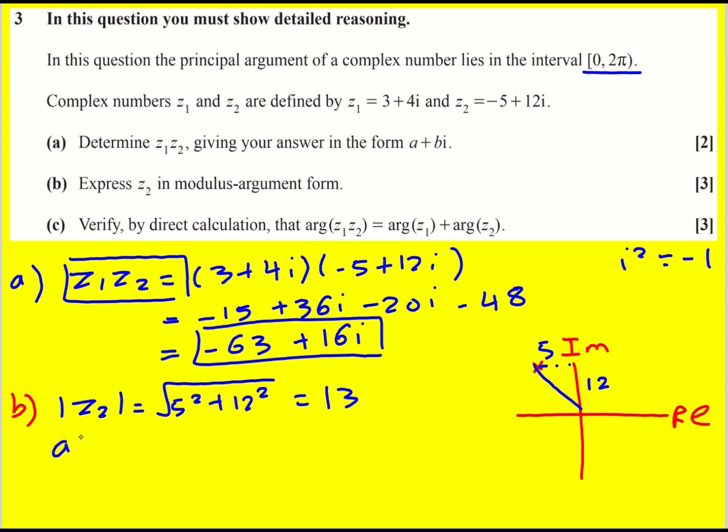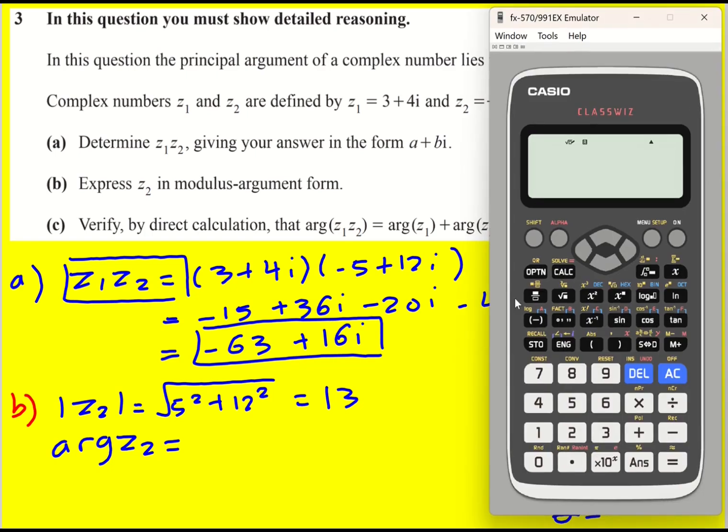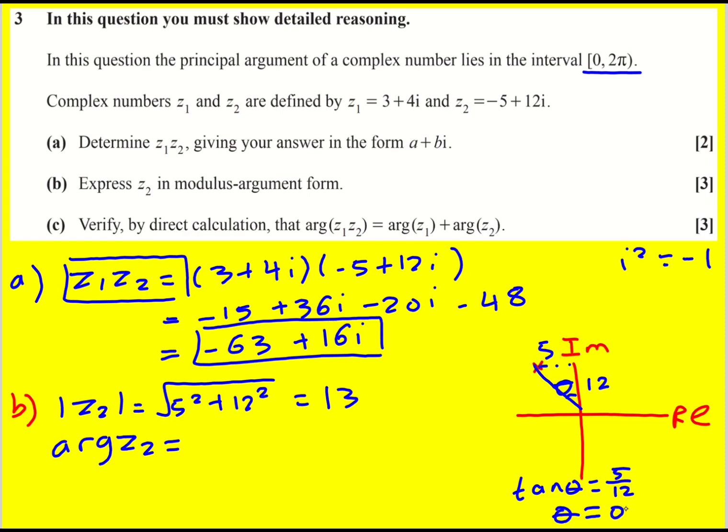Now we want the argument. For this, I tend to find the acute angle inside the triangle and then add on as needed. So tan theta is going to be 5 over 12. That means theta is going to be inverse tan of 5 over 12, which gives 0.3947.